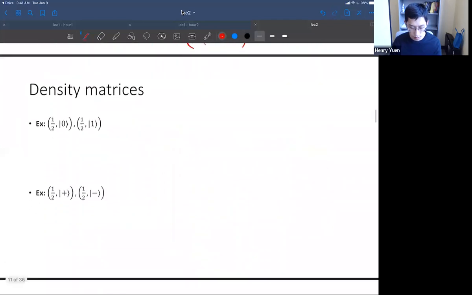Okay, two more examples, and this will get to, I think it was Dean who asked the previous question. So here are two more mixtures. Here's the mixture of 1/2 ket0, 1/2 ket1. What's the density matrix corresponding to this? We'll just do this real quick.